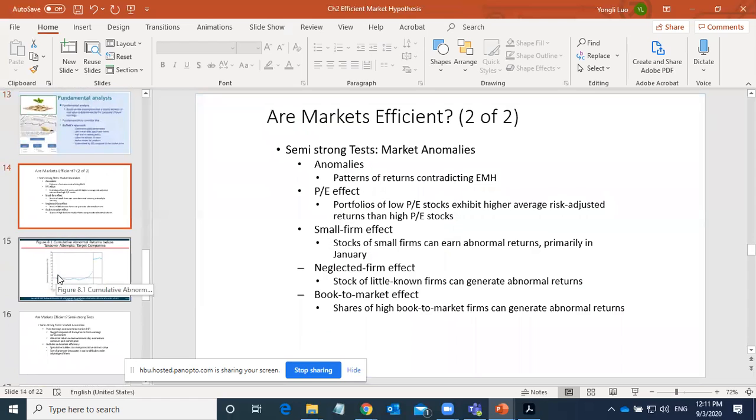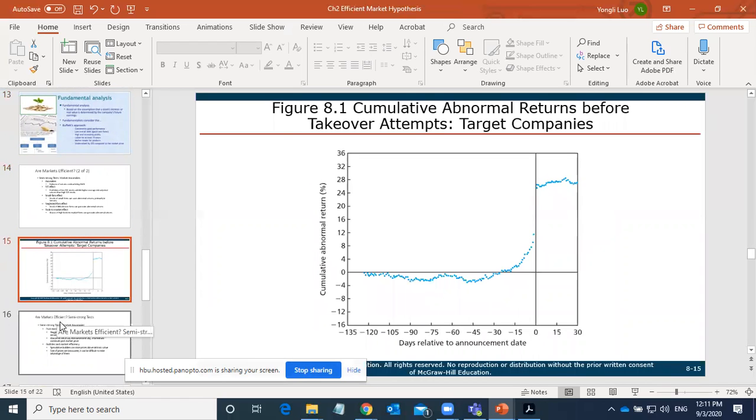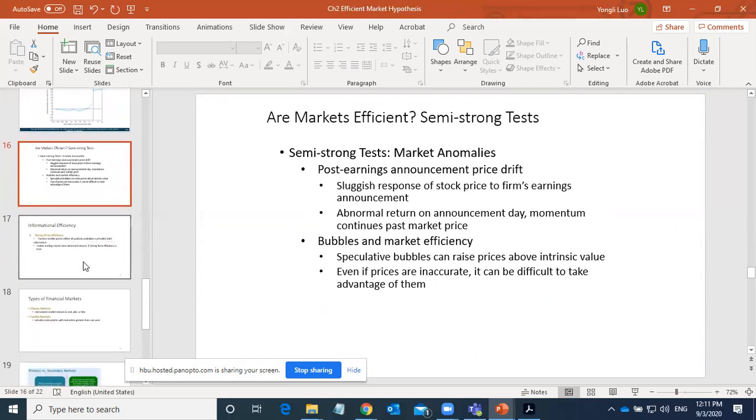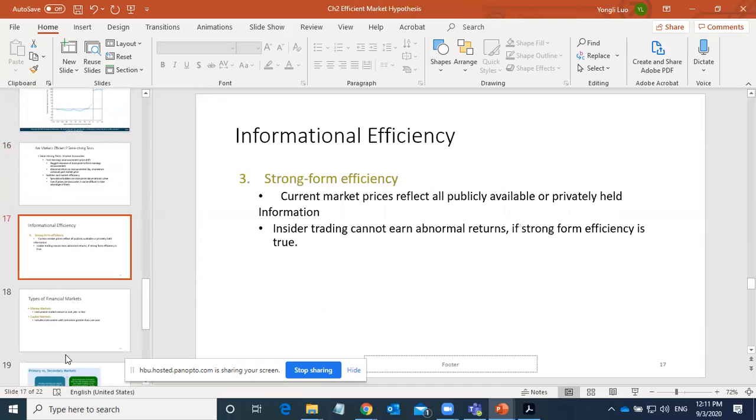And so there are a lot of tests for that fundamental analysis, like semi-strong form, and also we have strong form. Strong form is that if you get private information and you make a profit, that's strong form.